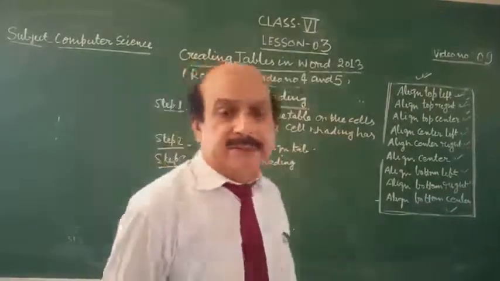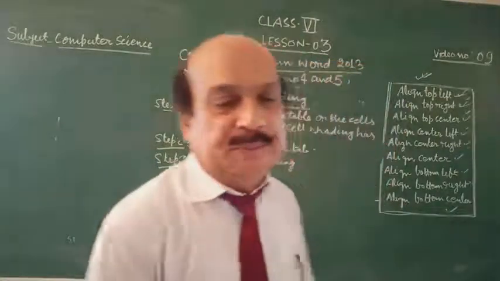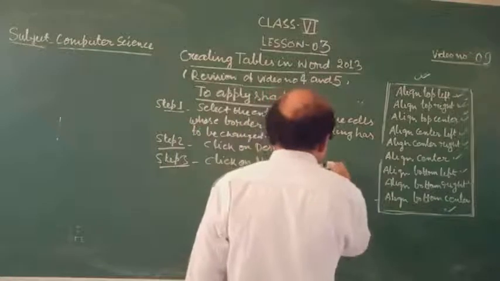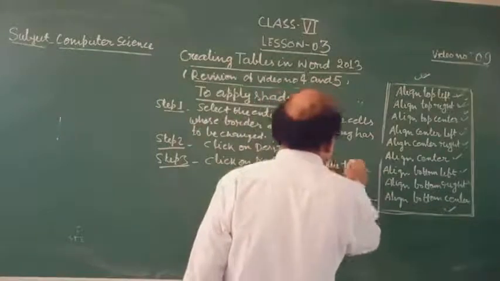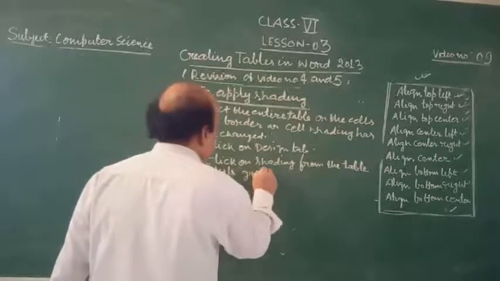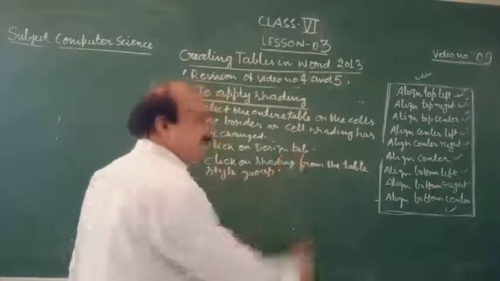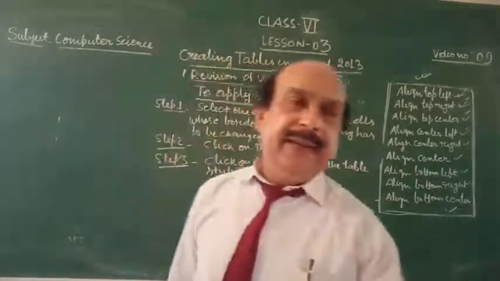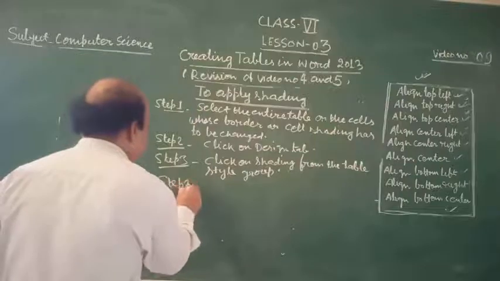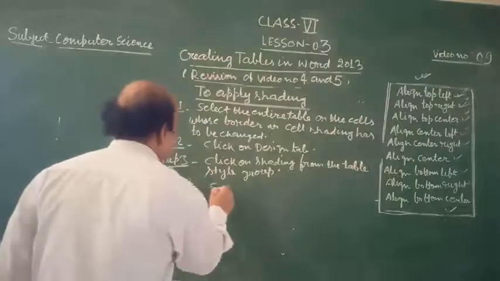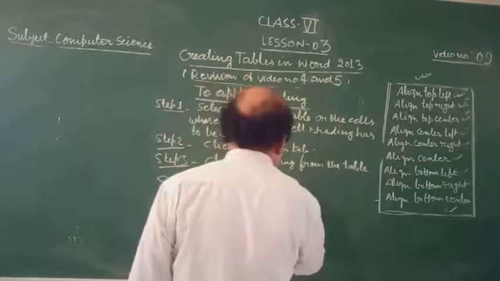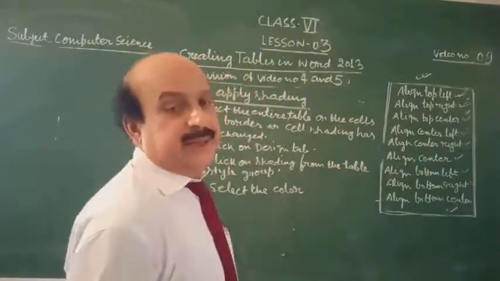Click on shading option from the table style group. And fourth, Step 4, select the color. Select the color from the gallery.